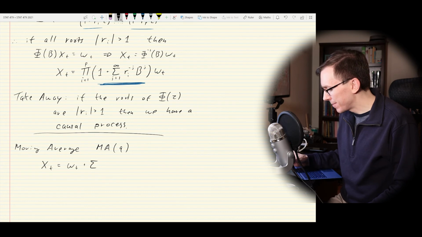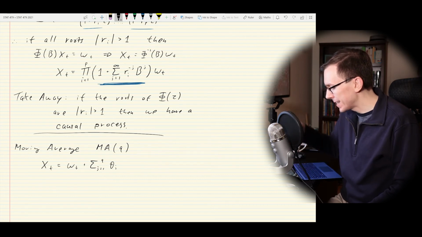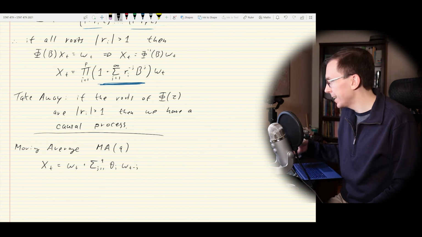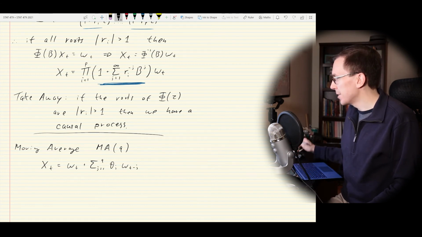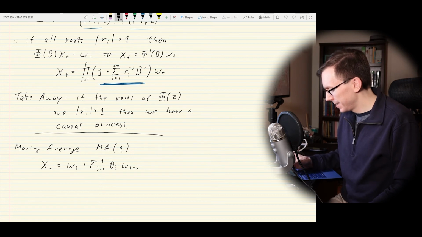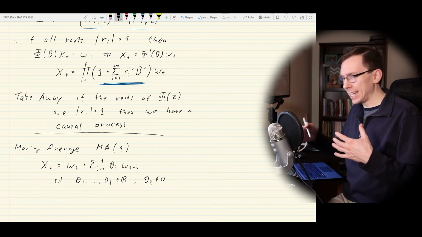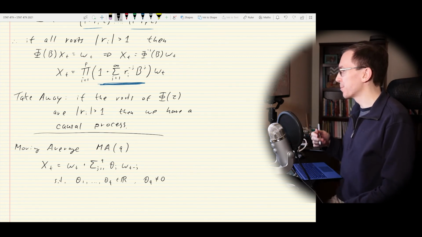So we have the usual setup, j from 1 to q, theta, just so it doesn't conflict with the phi's from the previous section, times epsilon t minus j. And we assume theta 1 through theta q are real numbers, and we typically would want theta q to not be 0, so that it is a qth order moving average process.